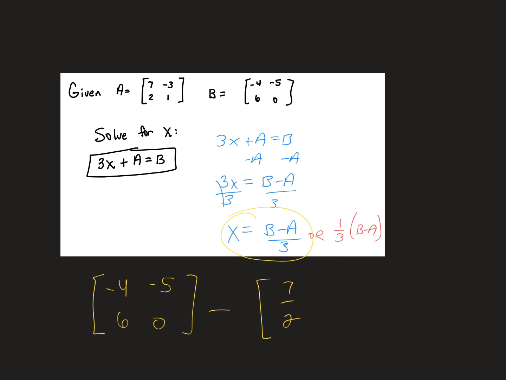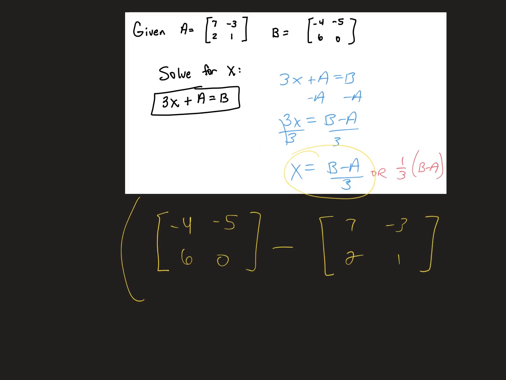So what's the next thing we have to do? We're solving an equation. So it's 7, 2, excuse me, -3 and 1, right? And when we're done with this, we're either going to multiply everything inside by 1/3 or divide by 3, however you guys want to look at it.